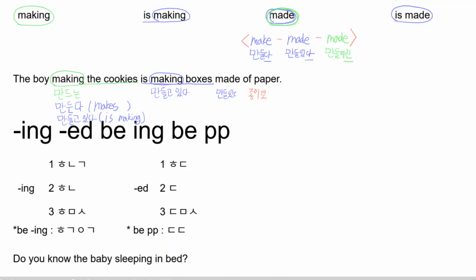How about now, if we recognize this as a non-finite verb, 만들어진, does it make sense? 남자아이, 쿠키를 만들고 있는 남자아이는 박스를 만들고 있다, 종이로 만들어진, right?